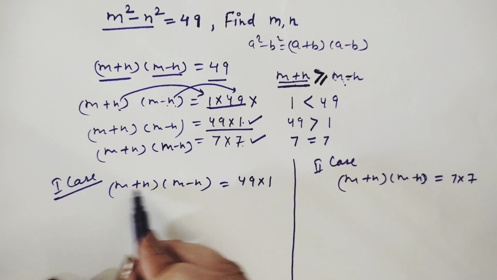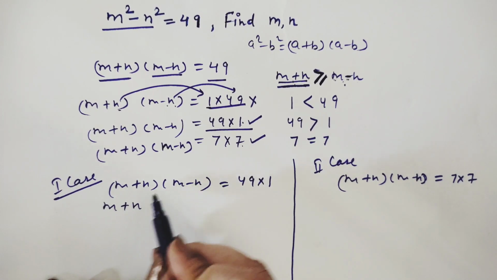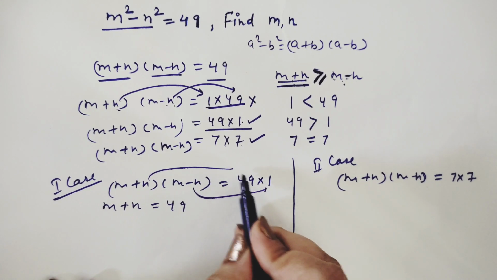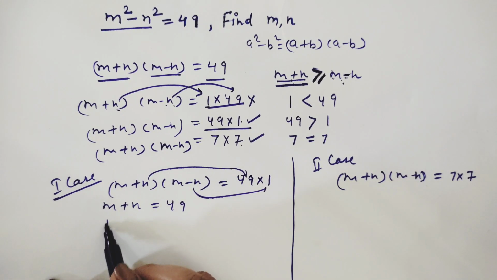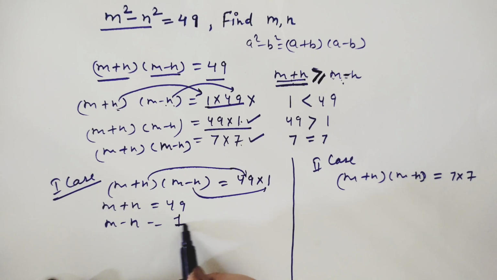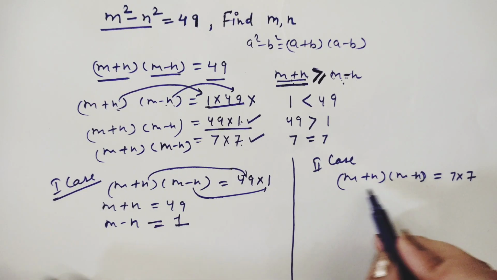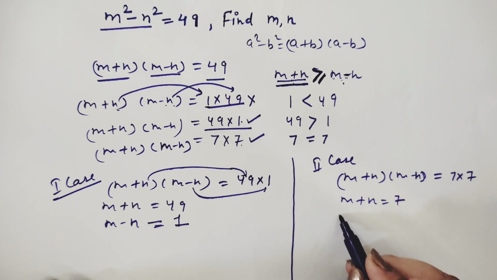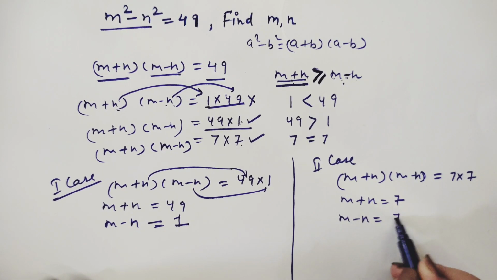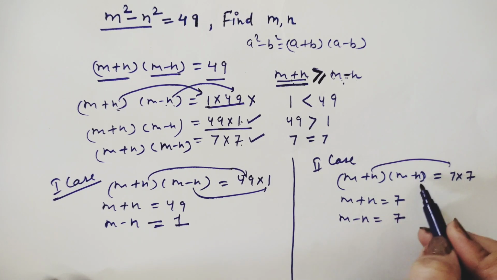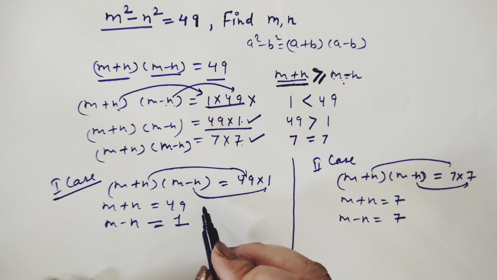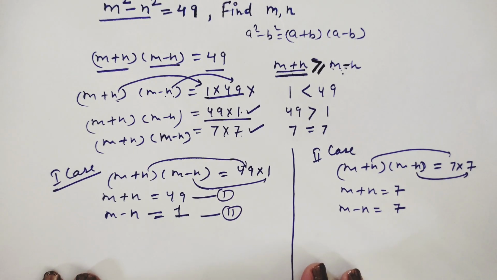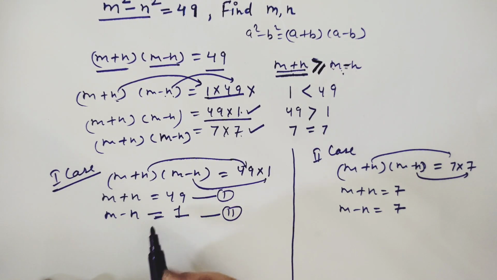In the first case, m plus n equals 49 and m minus n equals 1. Similarly, in the second case, m plus n equals 7 and m minus n equals 7, because both values are 7 and 7. This is equation number 1 and this is equation number 2. First of all, we will solve equations 1 and 2.